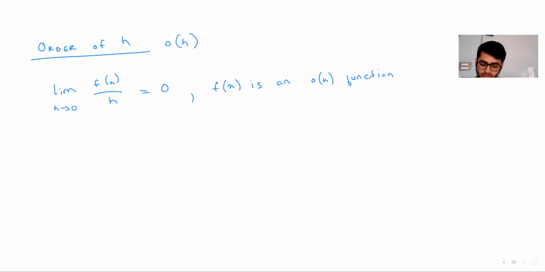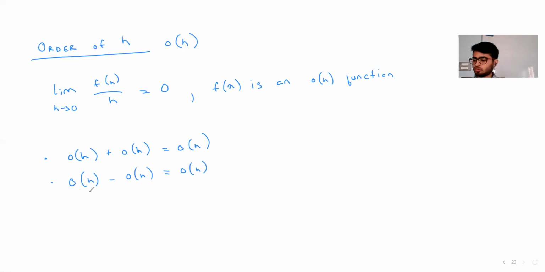Now there are a few properties of an OH function. The first property is adding two OH functions gives us an OH function. Subtracting two OH functions will also give us an OH function. Note that these are not normal mathematical operations, so we will not say OH minus OH becomes 0.